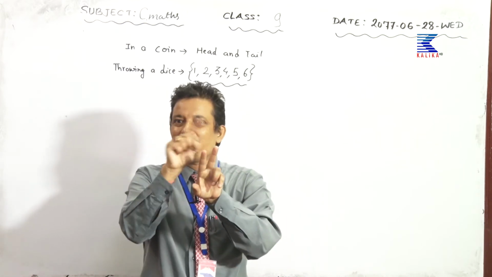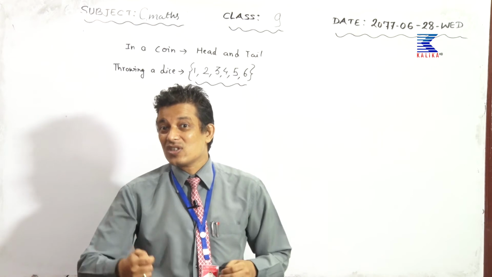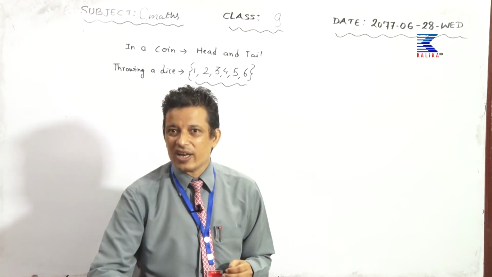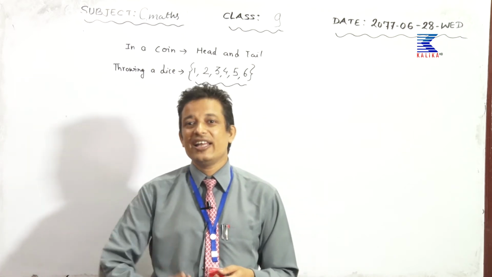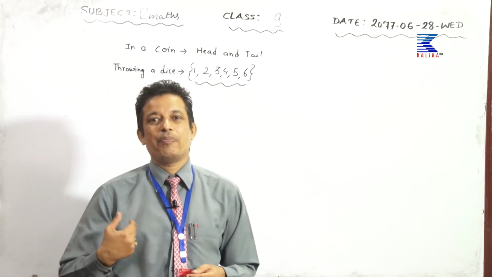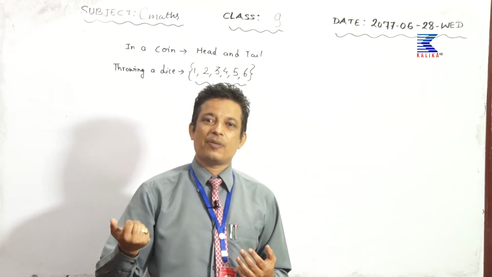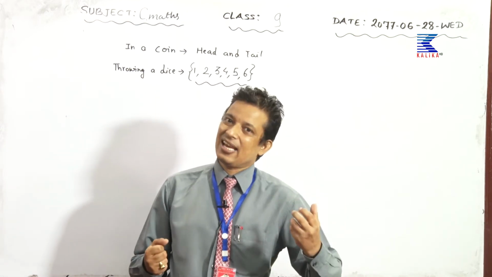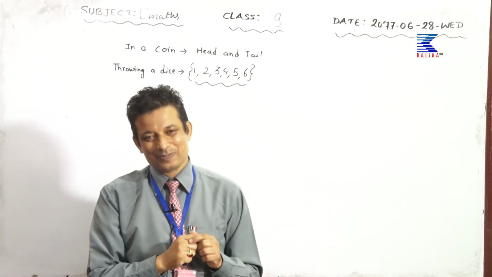Both have a 50-50 chance. Such events, while tossing a coin, head and tail, are known as equally likely events, because the probability of getting head and the probability of getting tail are exactly the same, equal.